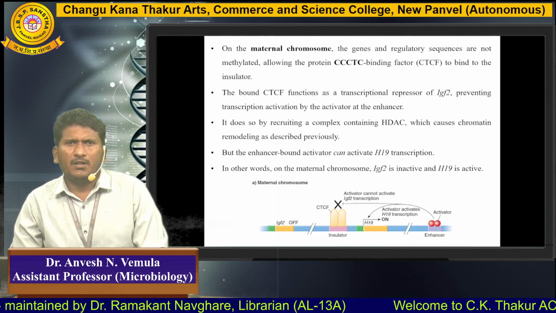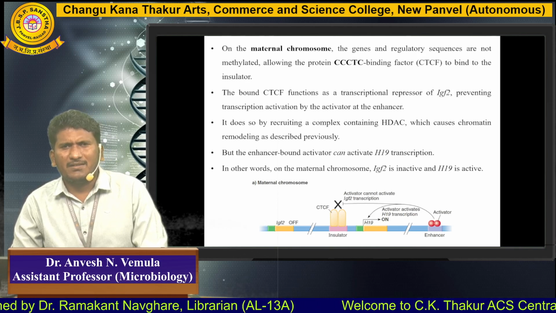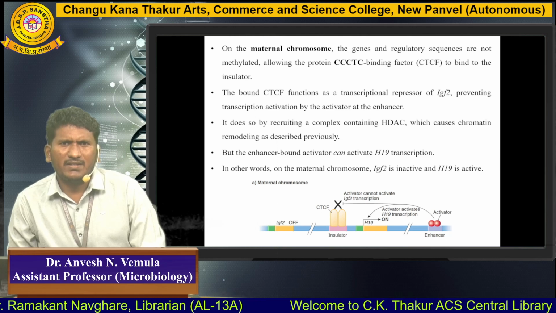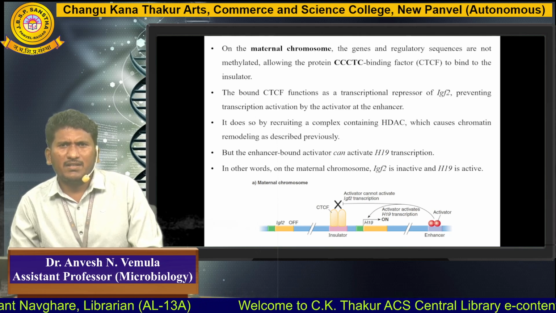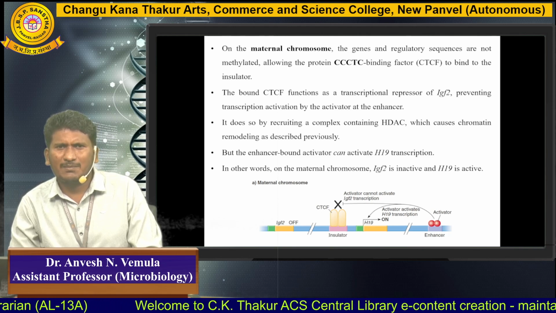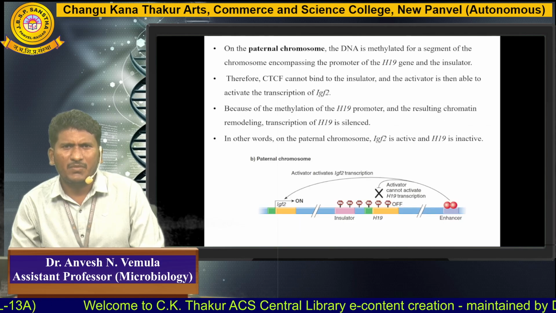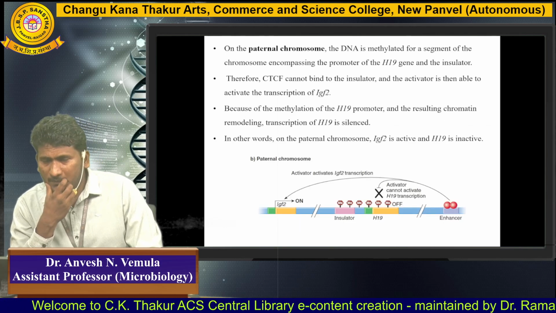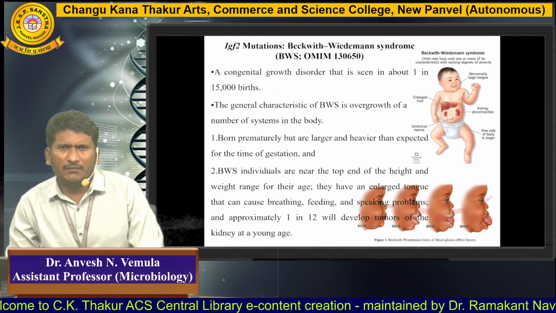In the maternal chromosome, there is the second gene, H19. Here you can see the basic function of how maternal and paternal chromosomes are expressed in different individuals. Let me show you the differences.